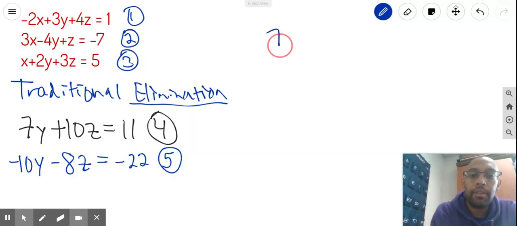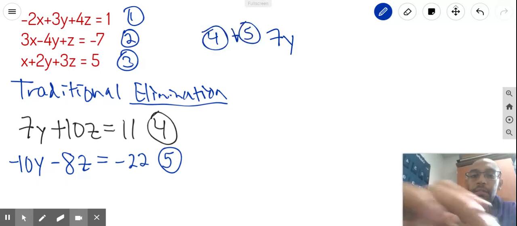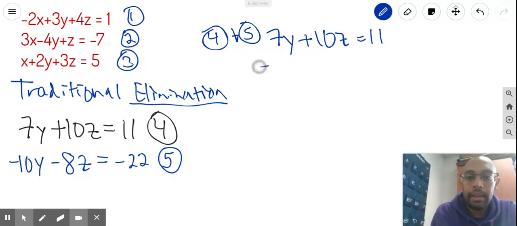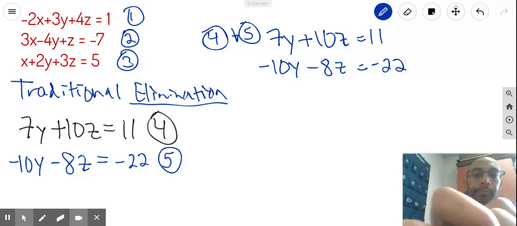So I have 7y plus 10z equals 11, and negative 10y minus 8z equals negative 22.